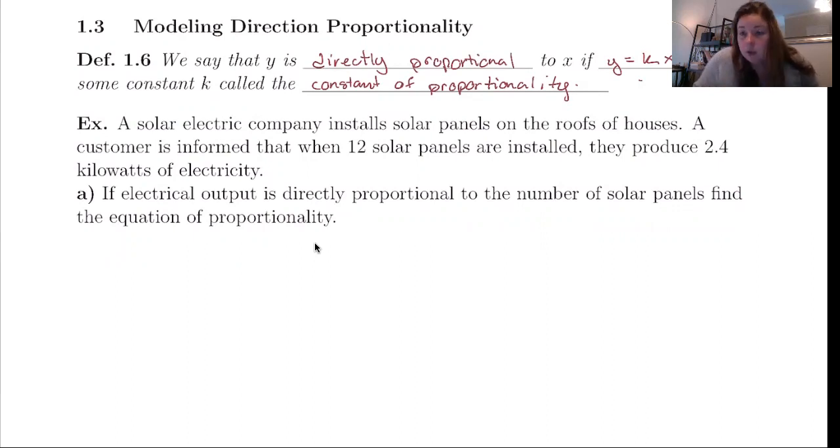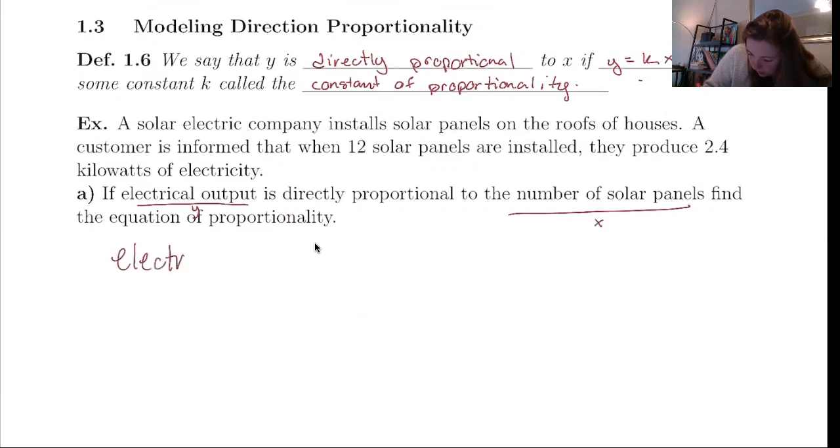That sounds like a lot of big words, but let's look at the definition. We say blank is directly proportional to blank. That first blank is going to be your y. So electrical output is our y, and the number of solar panels is x. So electrical output equals some constant k times the number of solar panels.